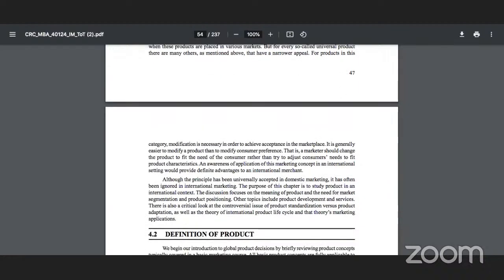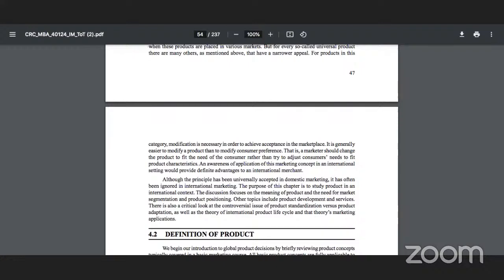Another example that we can take is KFC or McDonald's, where they have in the past and even in the present cut down on certain products which they sell universally in some countries. For example, they don't sell the entire product range in a country like India because we have certain sensitivity in terms of the consumption and sale of certain products.